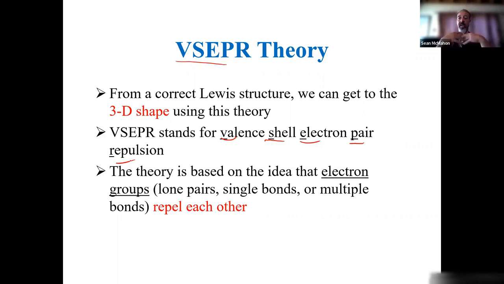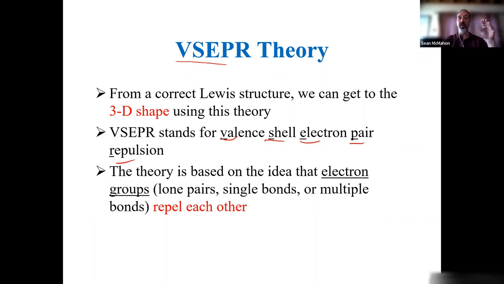So the theory is based on the idea of what are called electron groups. Electron groups have electrons. Those can be lone pairs, single bonds, or multiple bonds, okay? So that is basically a way to think of it. These are always going to repel each other. I like to try to make it simple because students get confused with electron groups and they think it's pairs, and that's not exactly true.